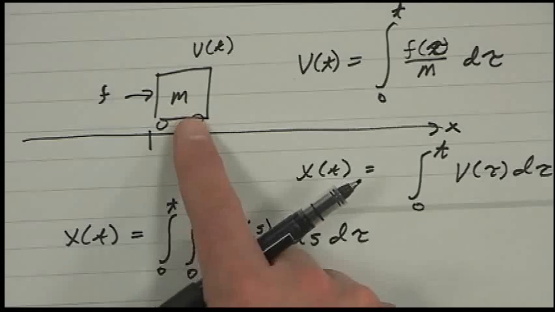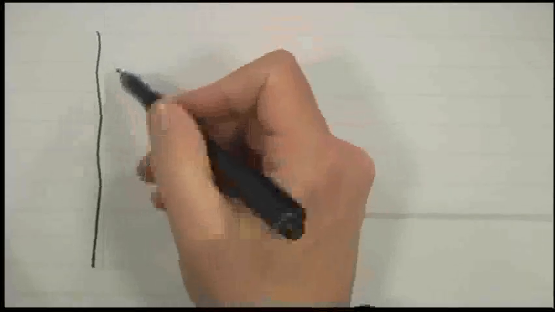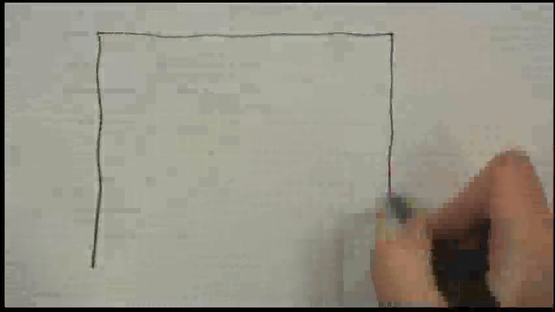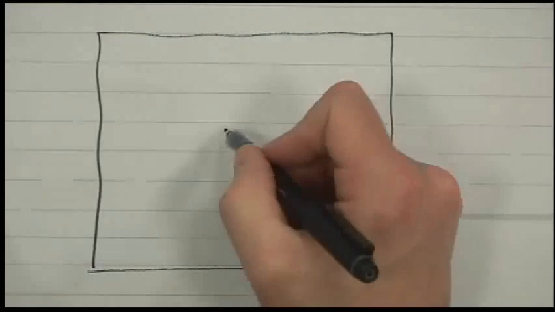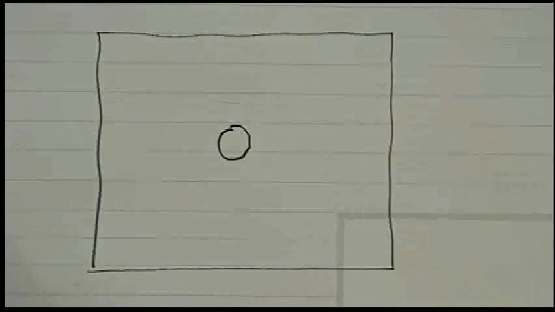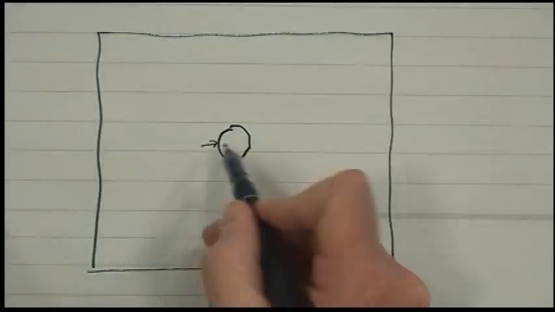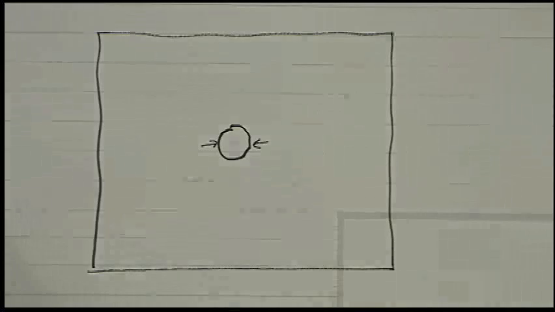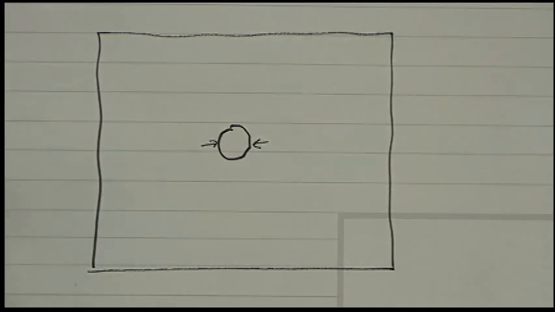So if you have an object on a frictionless surface, like an air hockey table, which is approximately frictionless, and you have a puck here, and you press in some direction with some force, the position is the second integral of the force.